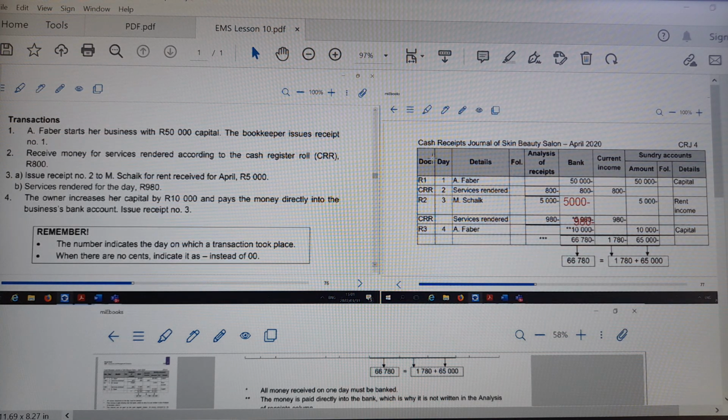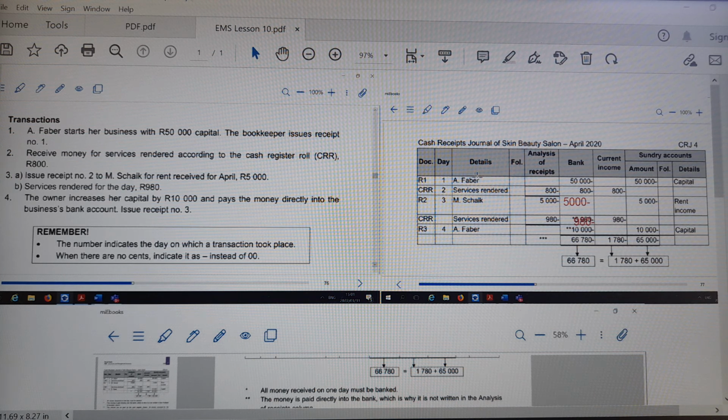So let's start. These are our columns, right? And the headings here that must go into the CRJ. So number one, a Faber starts a business with 50,000 capital, and gets a receipt. We know for capital we get a receipt, so it's receipt number one, and it is in day number one, and the business gets money from a Faber.